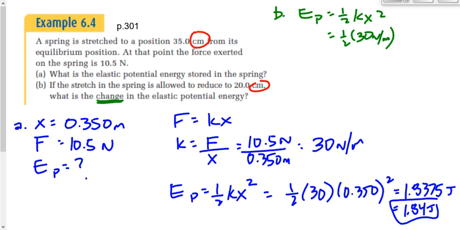I don't know what the force is in question B. We're told in A, when it's 35 centimeters, the force is 10.5 newtons. In B, I don't know what the force is. All I know is the force would be whatever it needs to be to make the spring constant 30 newtons per meter. It's the same spring. The only way K changes is if you change the spring.